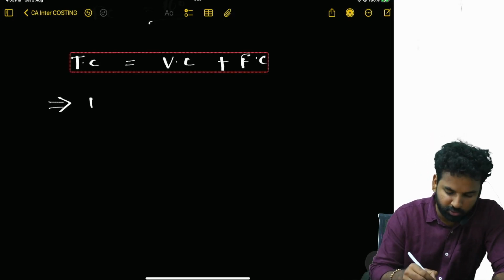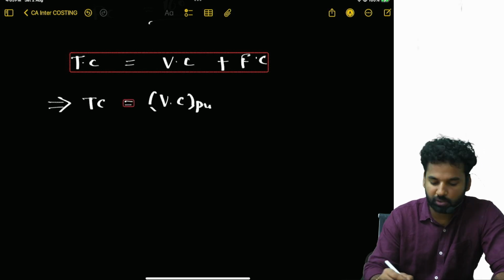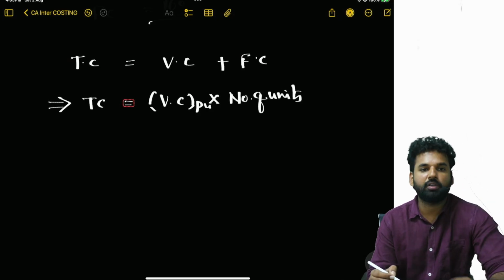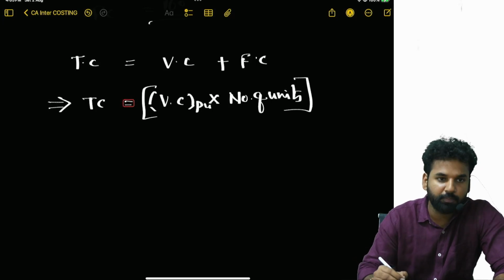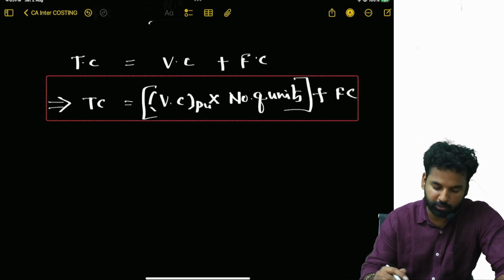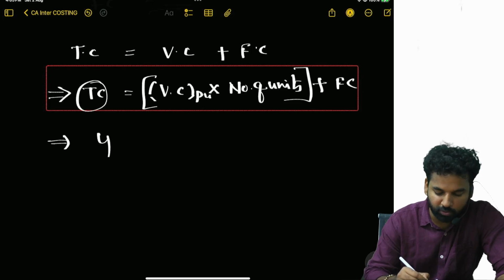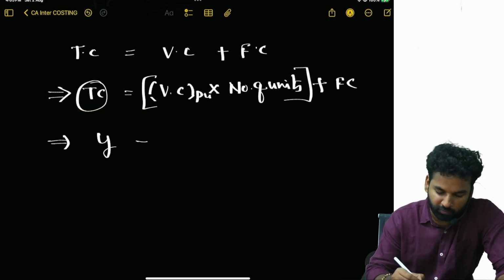So that means total cost is equal to variable cost per unit into number of units, which will be total variable cost, plus fixed cost. Correct? Right. So total cost will be denoted with Y.